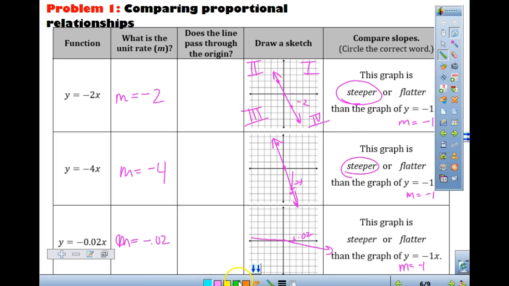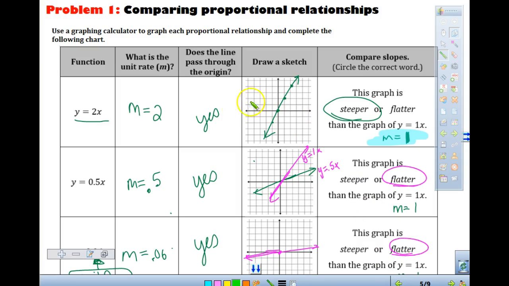Please put quadrant 1, 2, 3, and 4 on that problem 1, and then go back up to the top one, and let's put those quadrants also. This is quadrant 1, this is our 2, this is 3, and this is 4.